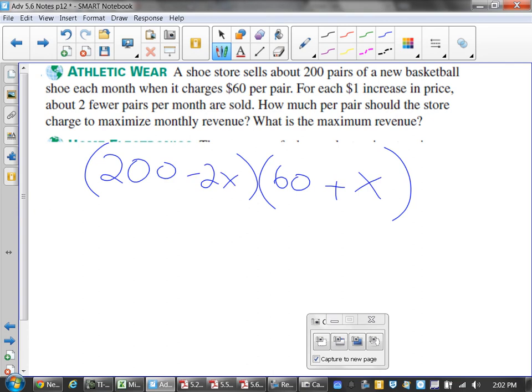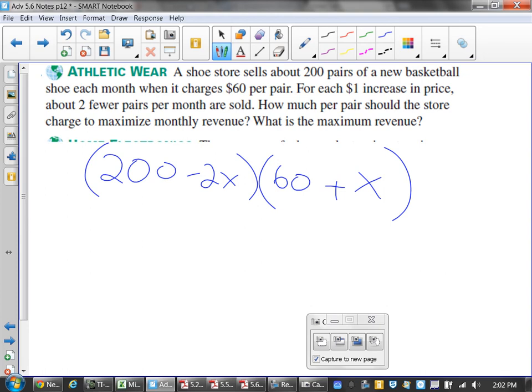Yes, sir? But I don't get how the x on one side gives me money and on the other one a pair. It doesn't say that. It says for every dollar. Oh, I see what you're saying here. If you increase it $1, you sell 2 less. Yeah, but x is 1 and that x is dollars and that x is pairs of shoes.